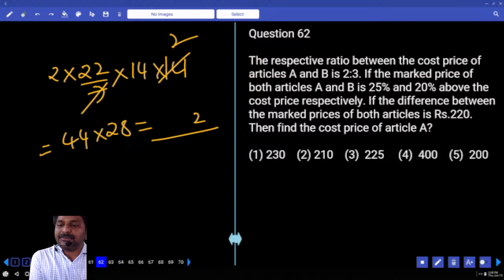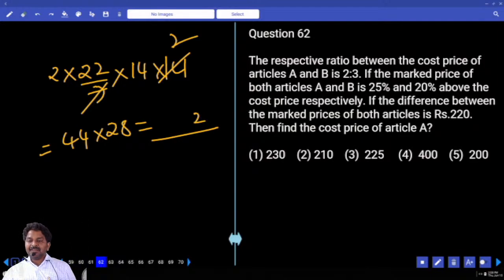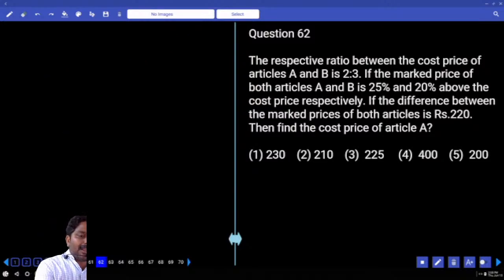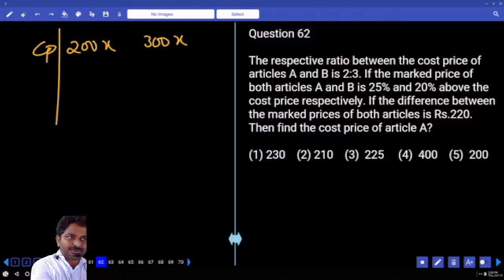The respective ratio between cost price of article A and B is 2:3. If the market price of article A and B is 25% and 20% above the cost price respectively, and the difference between market price of both the articles is 220, find the cost price of article A. Now cost prices I will start taking as 200x, 300x because of the ratio 2:3.